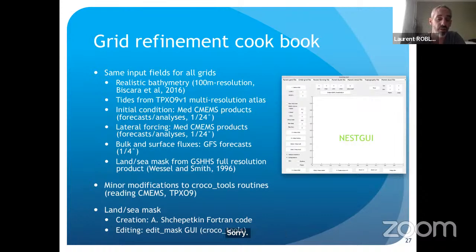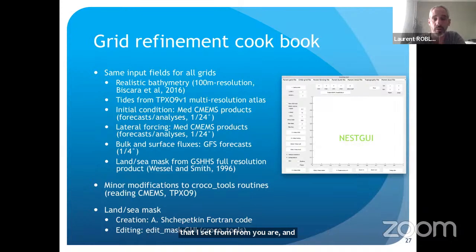Initial and lateral conditions are interpolated from Copernicus Marine Service forecast or analysis. Bulk and surface fluxes are interpolated from the GFS forecasting system. Finally, the land and sea mask is built from the shoreline dataset from NOAA.